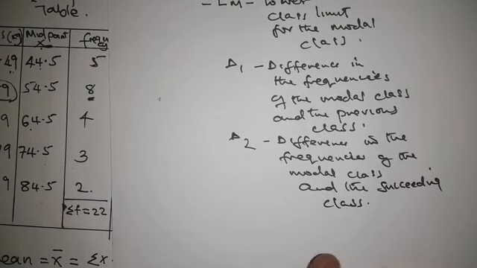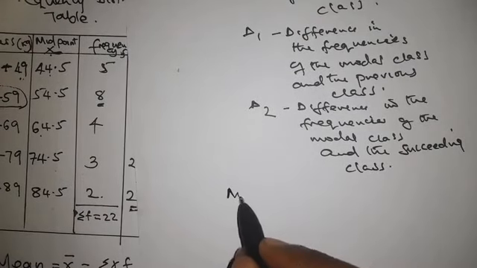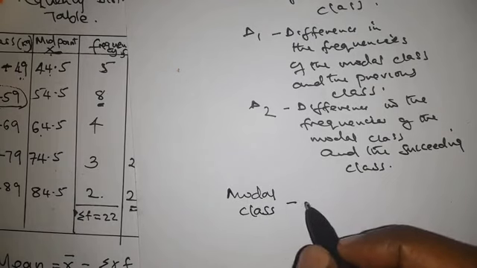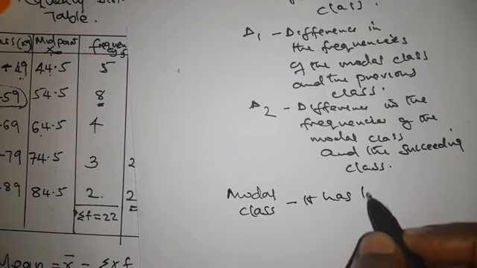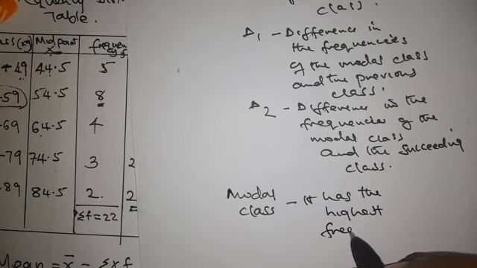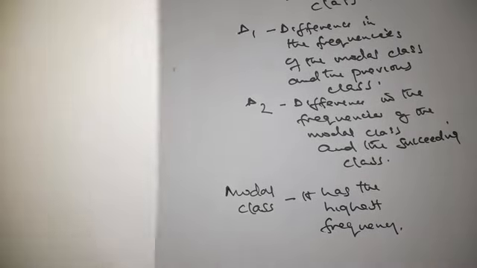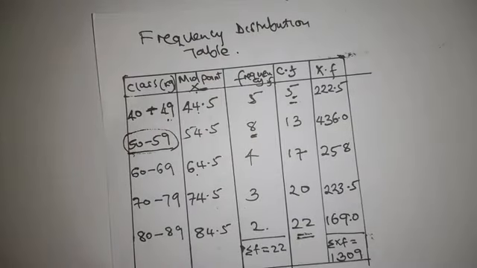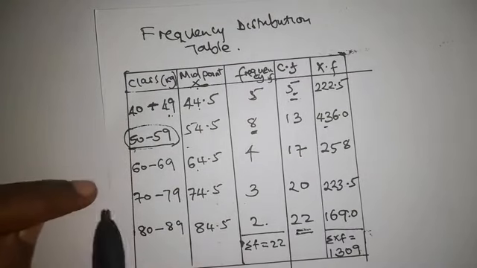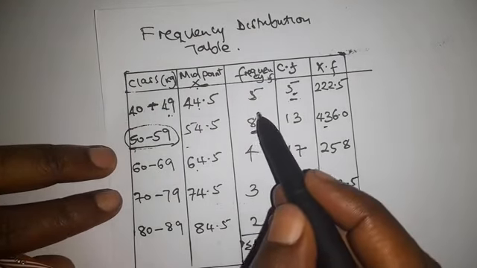So how do we go about this? The modal class, first of all, is the class that has the highest number of frequency. It has the highest frequency. So we come back here and we look for the modal class. The one that's having the highest frequency is this modal class.